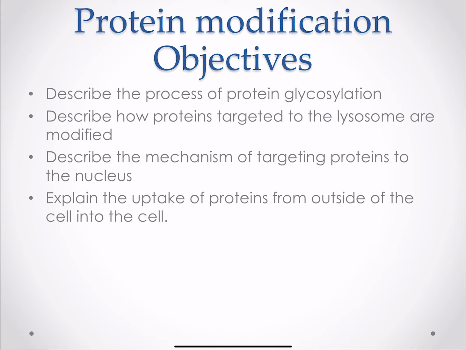We know how they get targeted to certain regions, such as your lysosomes, and how they get targeted to the nucleus. But in general, we are going to have a signal sequence. And the signal sequence is going to be directing the proteins to an appropriate location of a cell.